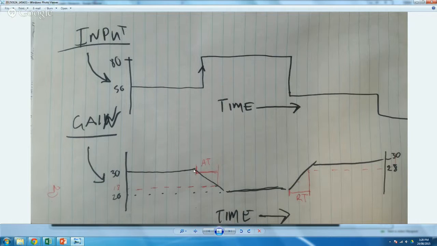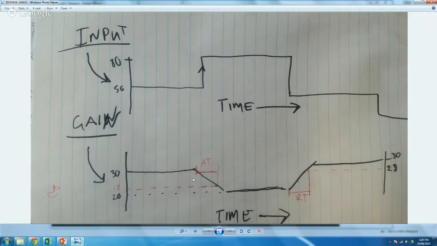Now at that point, the time it takes for the gain to drop to within either 2, 3, or 4 dB, depending on the standard you look at, of the final gain level, the new gain level, is the attack time.